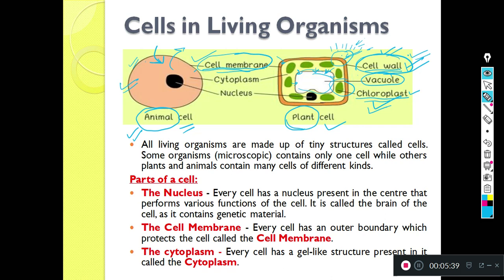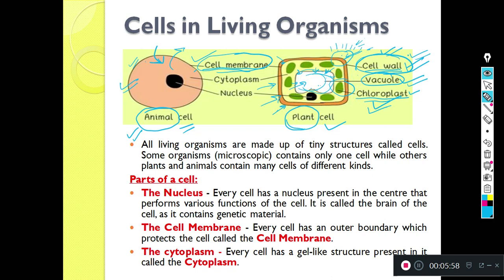If there were no vacuole or a smaller vacuole, what would happen? Whenever they are pushed from outside, the pressure would increase inside and it can damage the inner part, isn't it? So to prevent the inner part from damage, plants have a big vacuole.